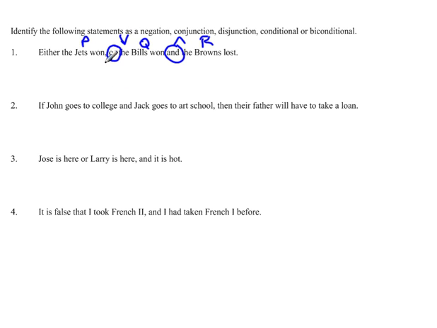This comma separates the Jets won from the Bills won and the Browns lost, so that means we put parentheses around the Q and R to separate it from the statement P. Now that we have our statement, P or Q and R, we follow the logic dominance and we see that we have two symbols, the disjunction and the conjunction.